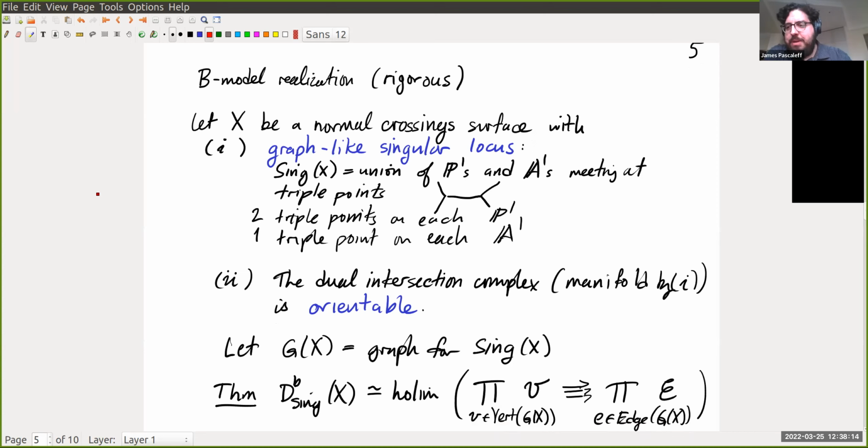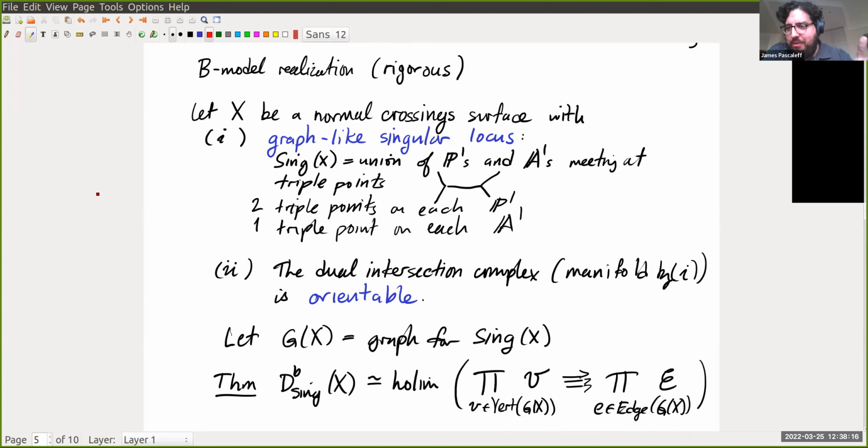That's our term, but there might already be a known term for it. What it means is that the singular locus is a union of P1s and A1s, so there are no higher genus curves in the singular locus. They meet at triple points, where 3 components meet. There are 2 triple points on each P1 and 1 triple point on each A1. In principle, in a normal crossing surface there could be more than 2 on each P1, but I don't want that.